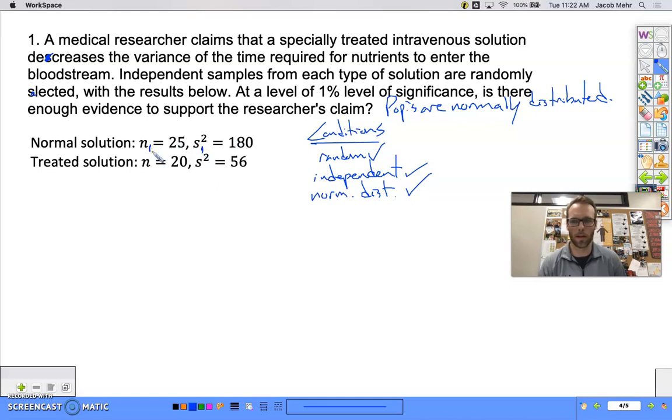I'm going to put 1s there. This one's smaller, so I'm going to put 2s there. Now, we don't know what the actual population variance is for this one or for that one. But the medical researcher is claiming that the new treated one decreases the variance compared to the old one. So let's write our hypotheses.